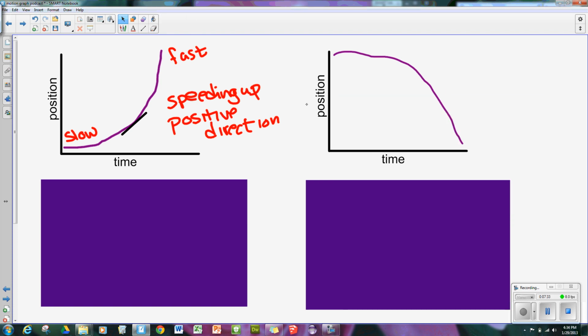So if we look at this one, the slope starts gentle, so slow, and goes to steep, fast, but it is inclined in the negative direction.